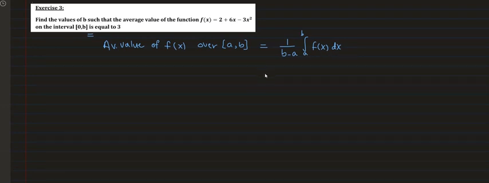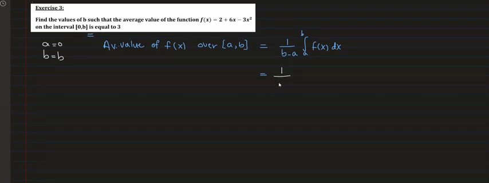So by direct substitution here, we have from a to b, it's from 0 to b. So we can say that a is 0, and b is kept as b, and f of x that we have is this function.